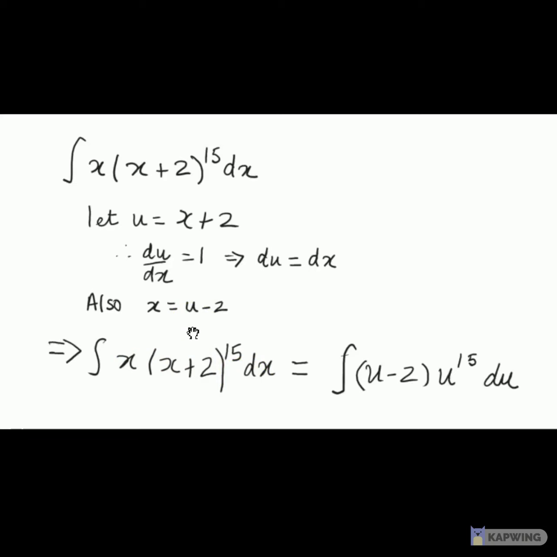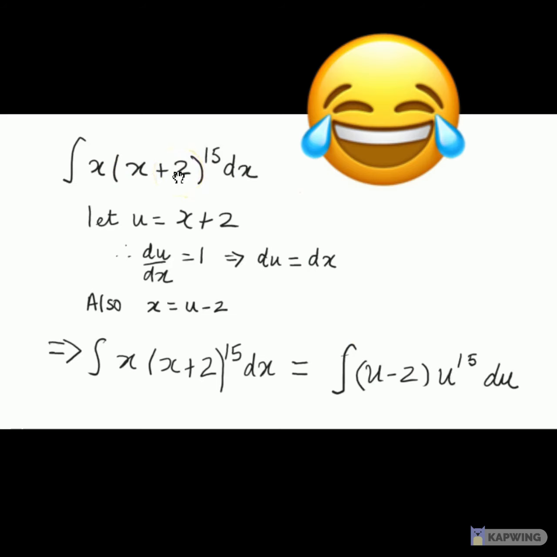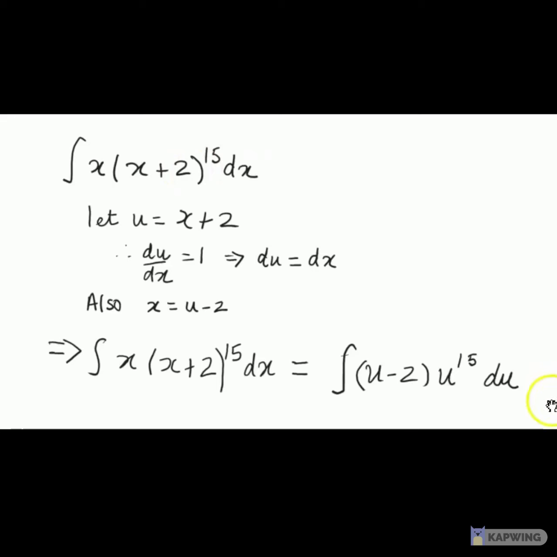You need to change everything in terms of u, the dummy variable. Now we can expand this and integrate. This becomes much easier to integrate. So there's no need to expand (x plus 2) 15 times. There is a smarter way to do the same job.